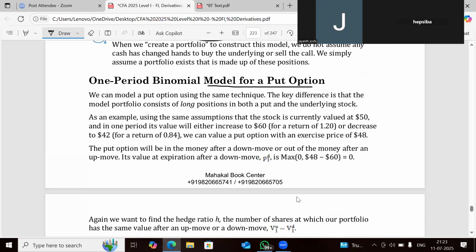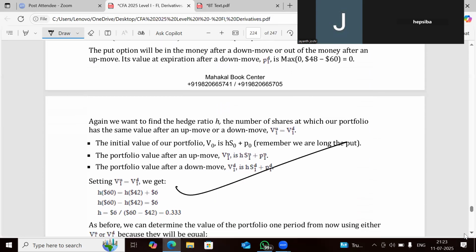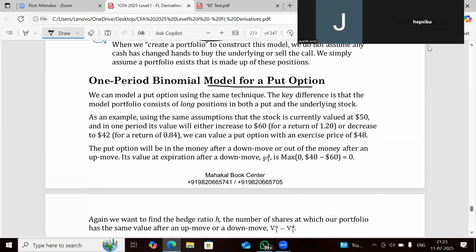Same assumptions. Okay. The stock is 50, 60 is the increase and the decrease is 42.